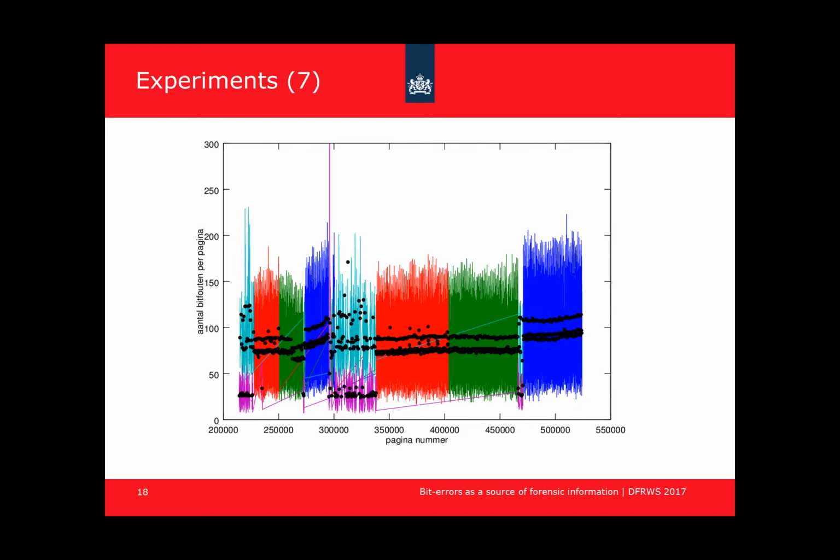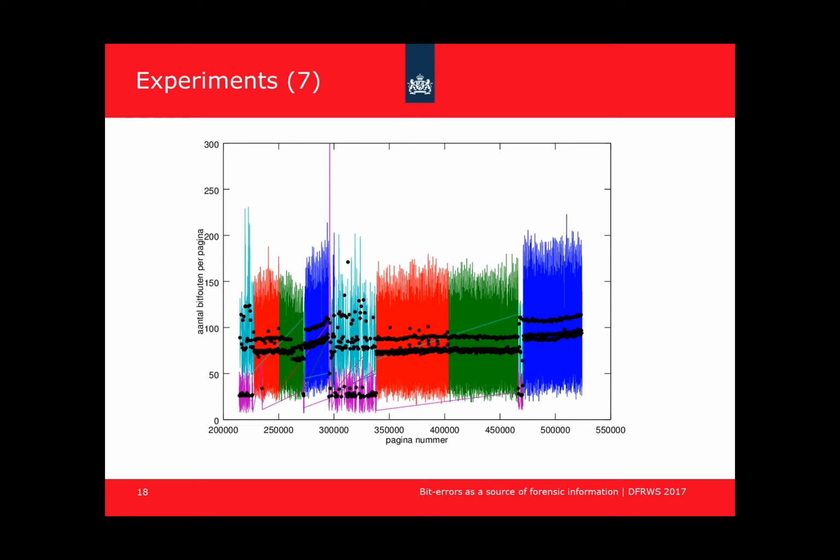So this is a typical example. This is not from the paper, but from a slightly different one. Here you have the page number, and on this side you have the number of bit errors. In color code you see different files which were copied onto the thumb drive. The order in which it occurred was: first the blue one was copied, then simultaneously the green and the red one.